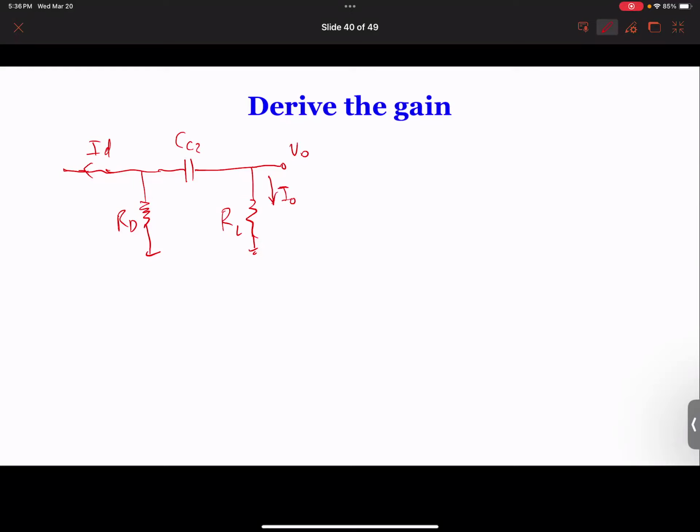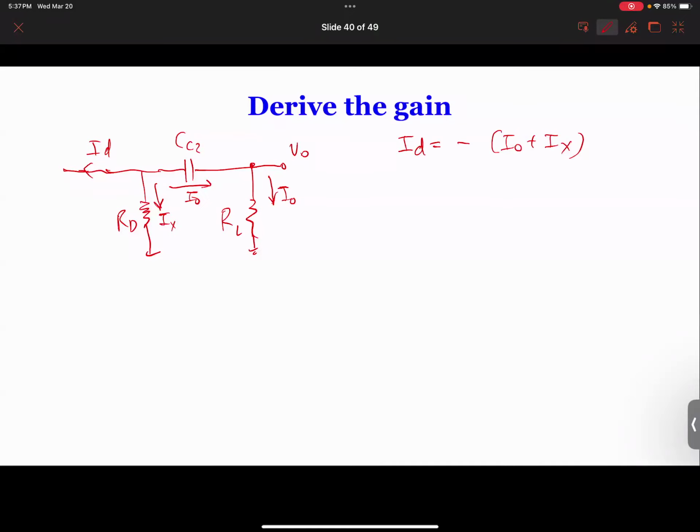So we can see that IO is the same as here, IO, and the same over here is maybe I something, I don't know what we call it, but maybe IX. You can see your ID equals minus IO plus IX, right?